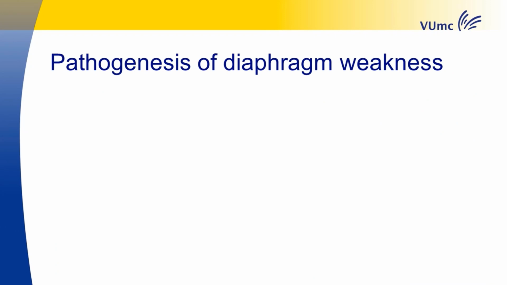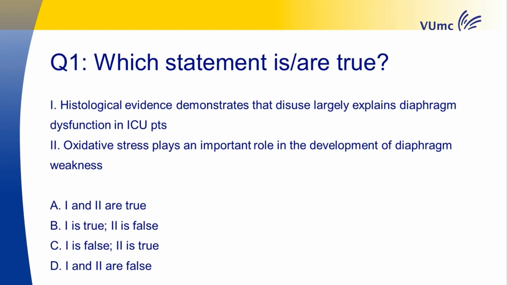So now, the pathogenesis of respiratory muscle weakness. Let's go back a little bit to the physiology, and we have to start up our phones again. Which statement is or are true?